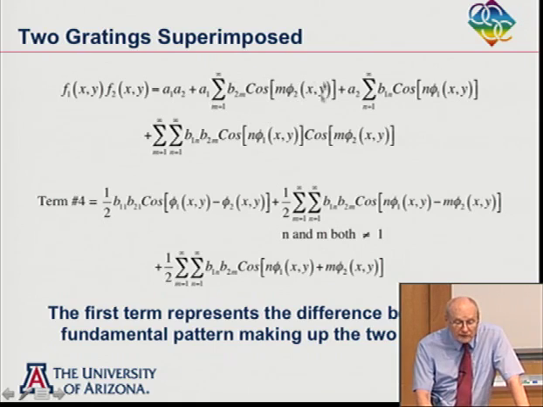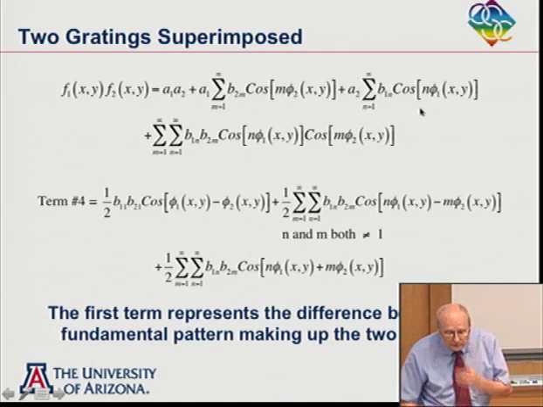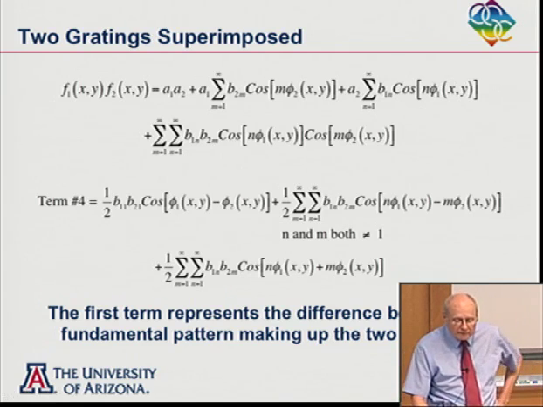So this is like the basic lines that I started with. And then we have something cosine of n phi 1. So these are the basic lines that we had before for the other pattern. And then we get this term here that's even a bigger mess, but it's more interesting. It's going to be a summation of the cosine of phi 1 and the cosine of phi 2.